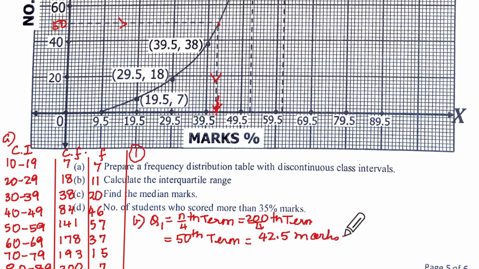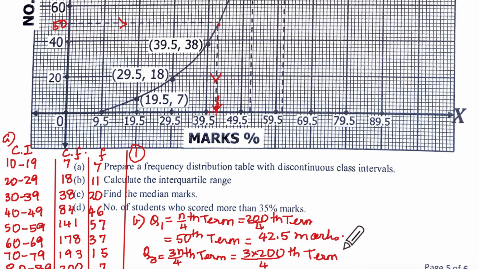Okay. Now Q3 is going to be the 3n upon 4th term, which is 3 into 200 upon 4th term. Please write the statements properly. No shortcuts. Understanding?